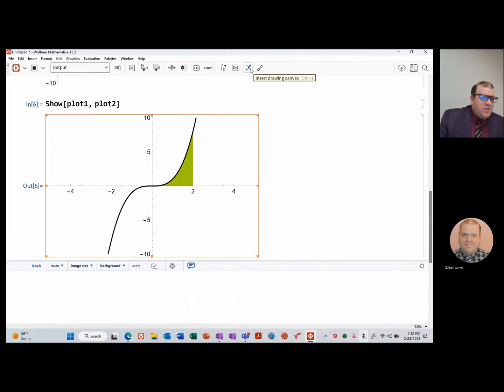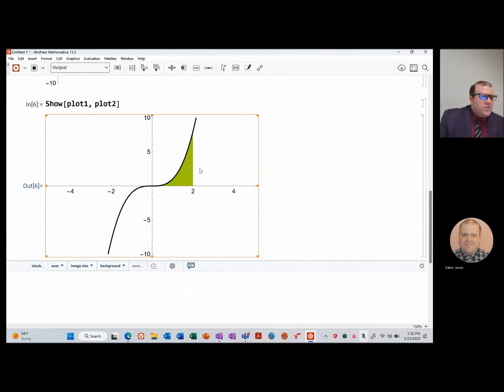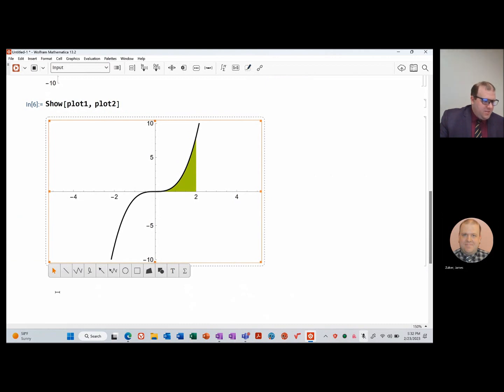It used to just right click. Why does Mathematica update and change everything? I think this is what I want then. Yeah, perfect. Okay.